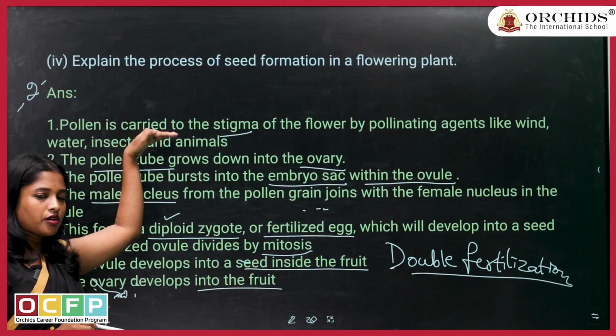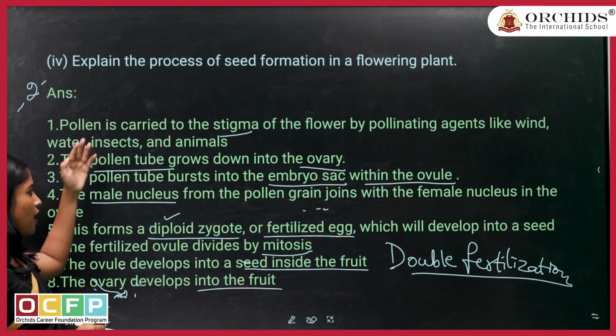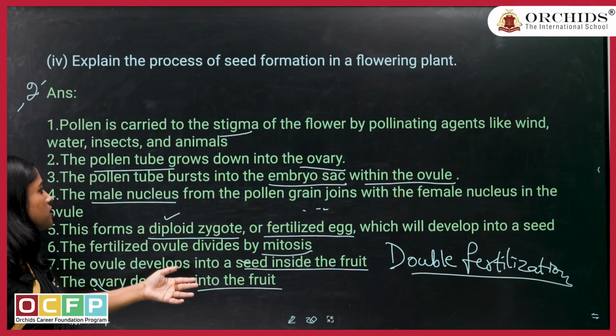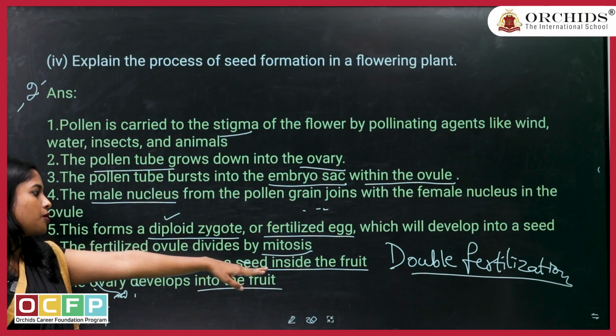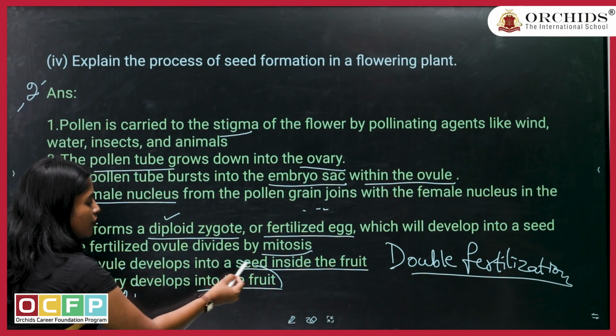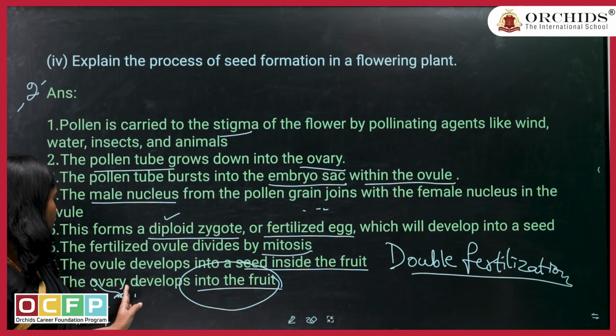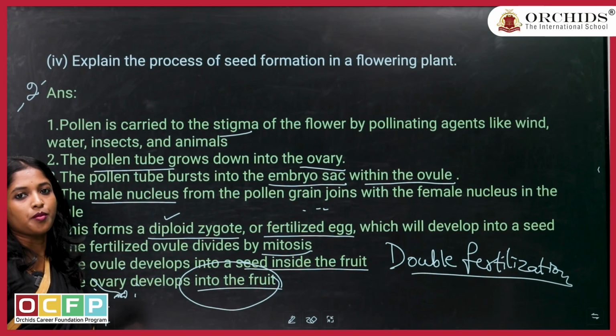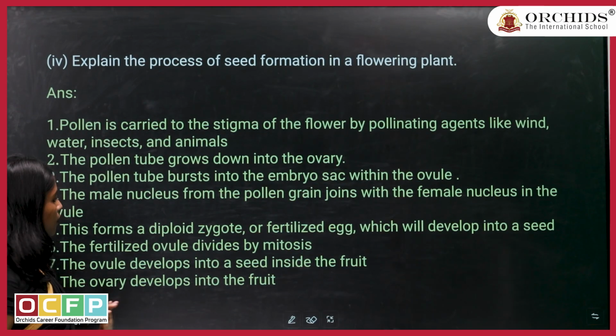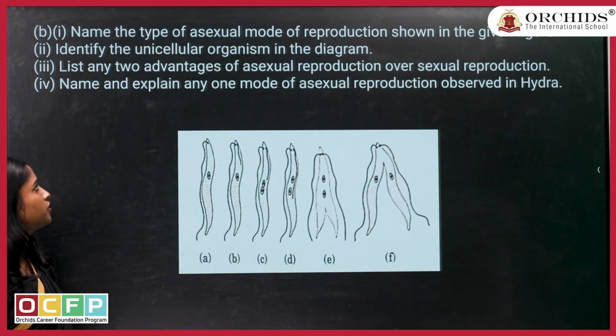If you write at least 7 to 8 points, explaining everything from the pollination process till double fertilization and post fertilization, like the ovary developing into a fruit, you will get the complete 2 marks.